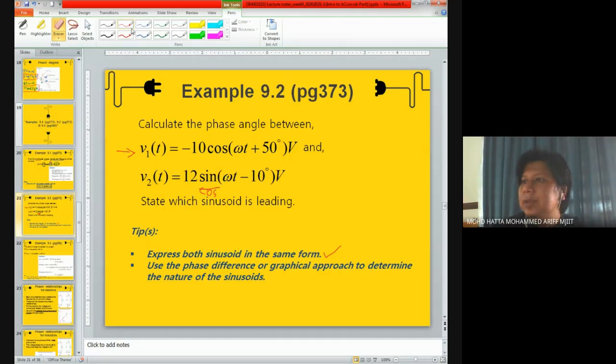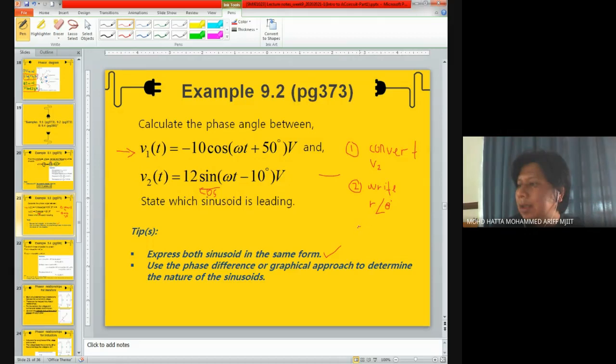What you need to do next: number 1, convert V2. Number 2, write both in polar form.